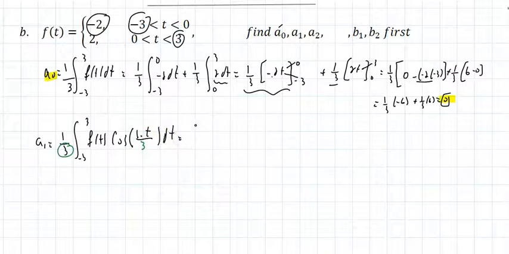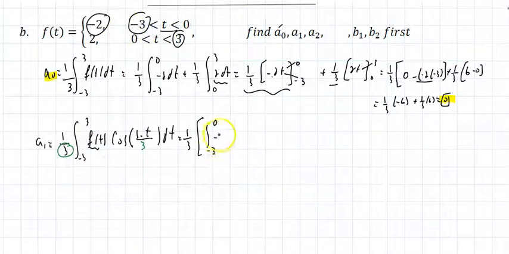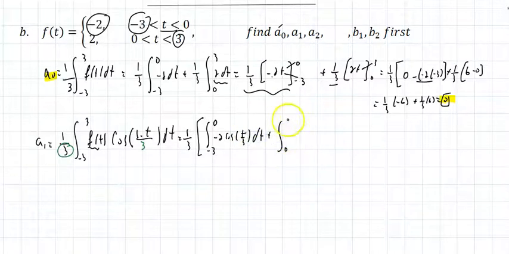So what would that be? That would be 1/3 times the integral from negative 3 to 0. Well, f of t varies. Negative 2 the cosine of t over 3 dt plus the integral from 0 to 3 of positive 2 the cosine of t over 3 dt.